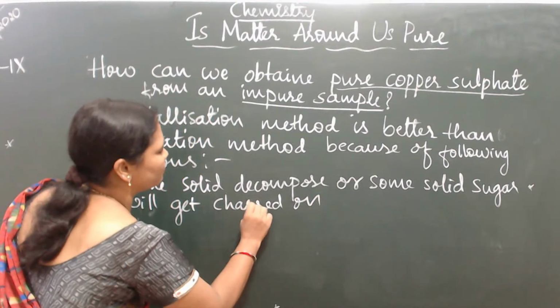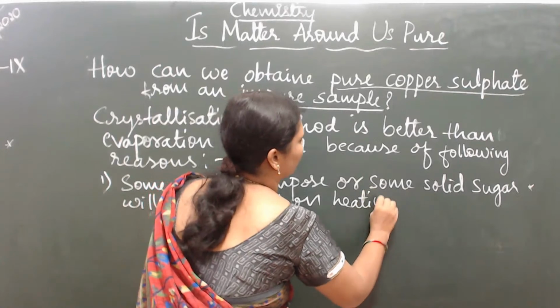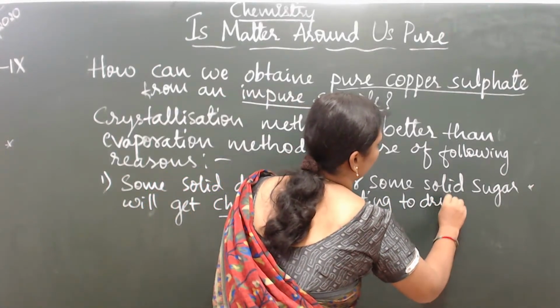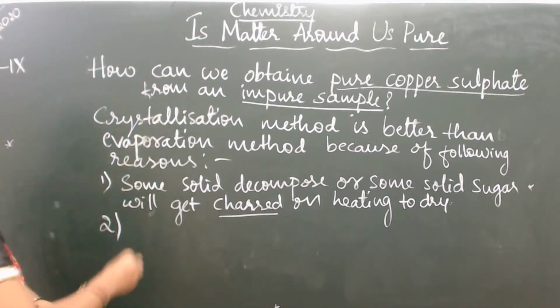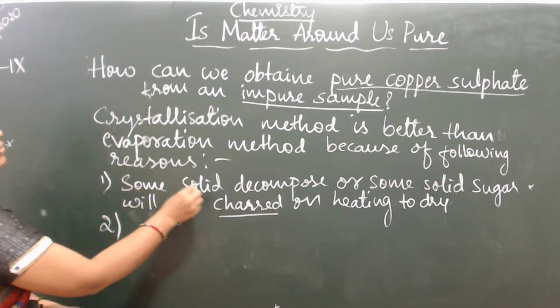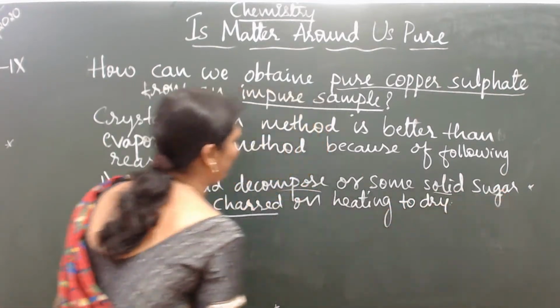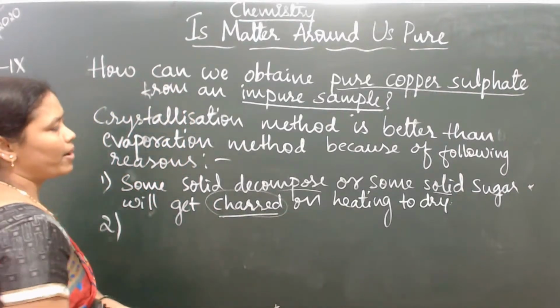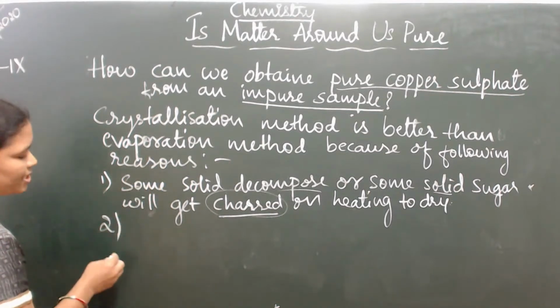Charred means it will get burned on heating. So why is it better to go for the crystallization method? Some solids will get decomposed, or some of them, like sugar, will get burned on heating. That's why crystallization is better than the evaporation method.